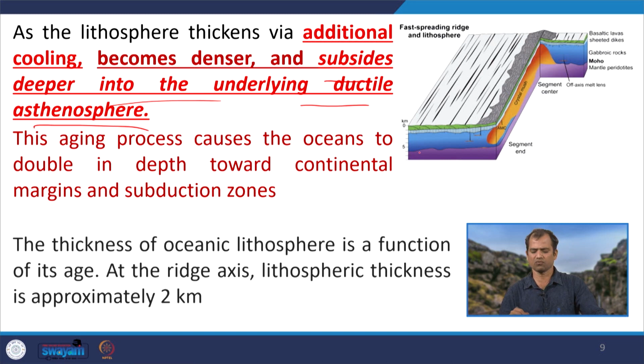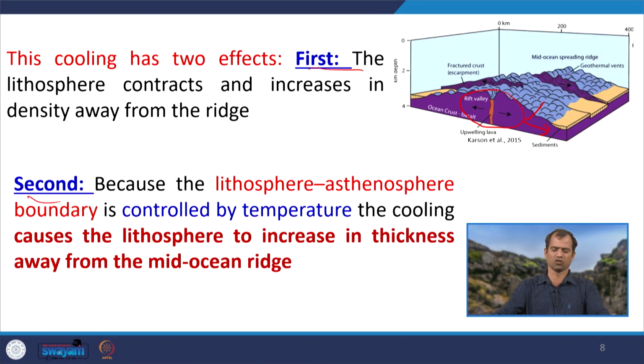If you see here we have lithosphere, and somewhere if you see it is just going like this, it is subsiding below the asthenosphere. So, this aging process causes the oceans to double the depth towards the continental margin and towards the subduction zone. If you see here, suppose this is the water level and we are at the mid-oceanic ridge.